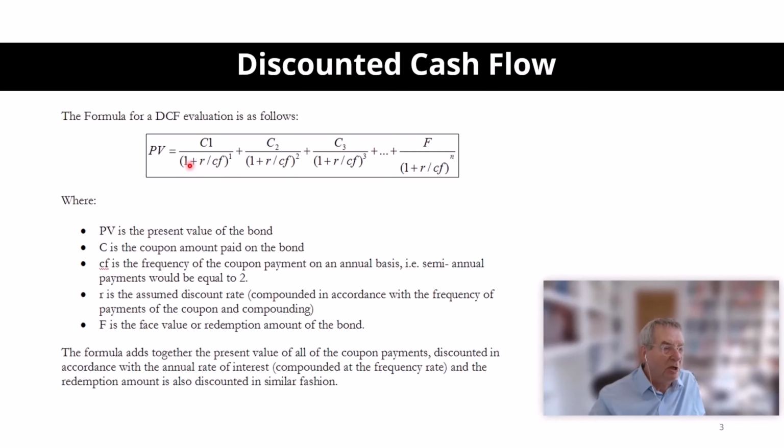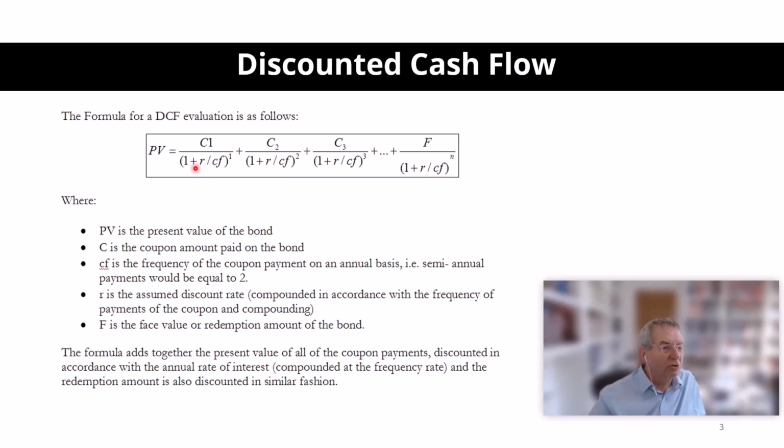The denominator, which is 1 plus R, which is the discount rate we're going to use, and to keep life simple, let's just assume that that is a central bank policy rate. This CF here depends on whether this is once per year or twice per year. In this case, it is only once, so we don't really need to think about that.